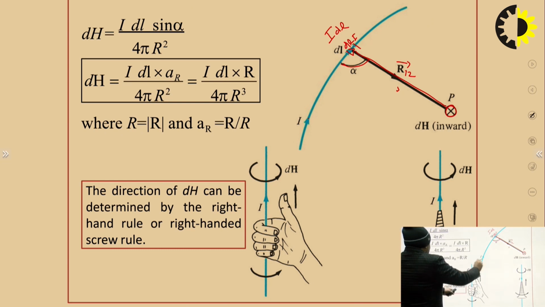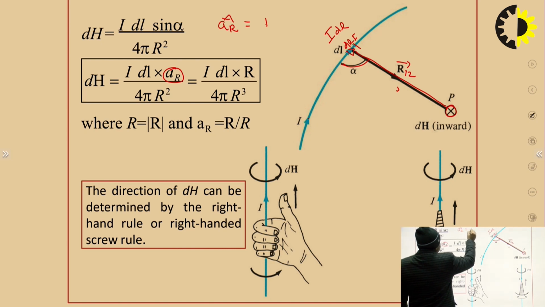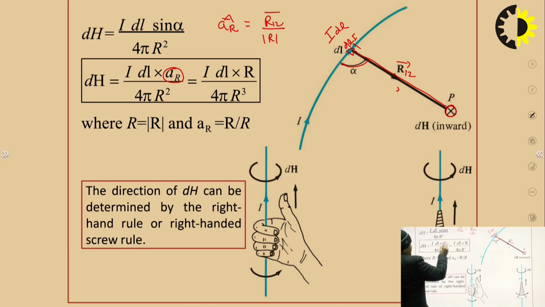So what is this aR? What is the meaning of aR? aR is the unit vector, and the unit vector is defined by the R12 vector upon mod R. So if we put here R vector upon mod R, so here R square and R are there.